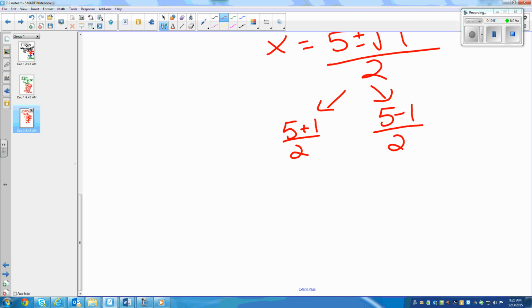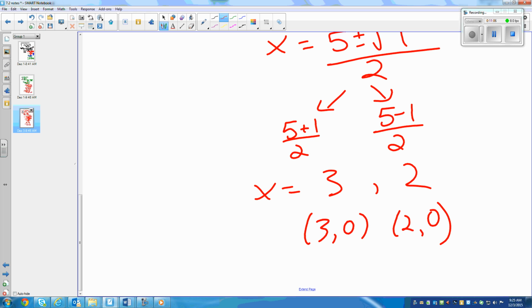So in this case, we get x is equal to 3 or 2. And we should always put it into our points, 3, 0, and 2, 0, which is what we saw prior. Okay? So that's the general factor. Good?